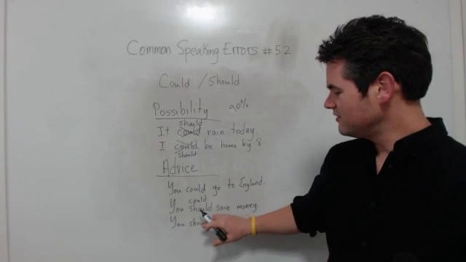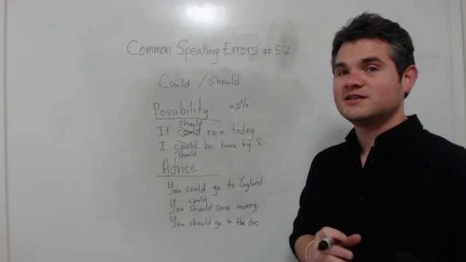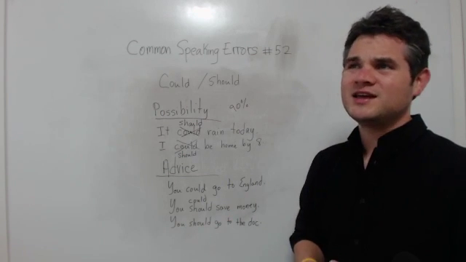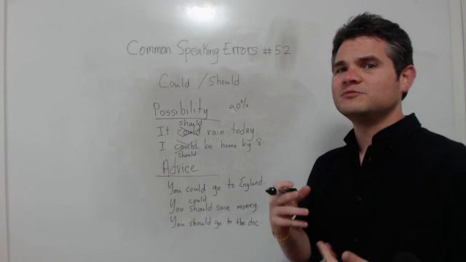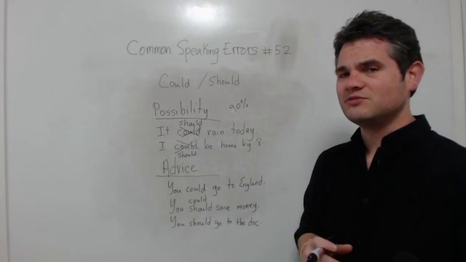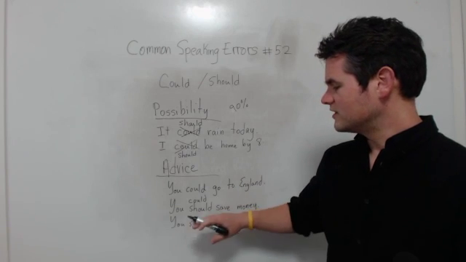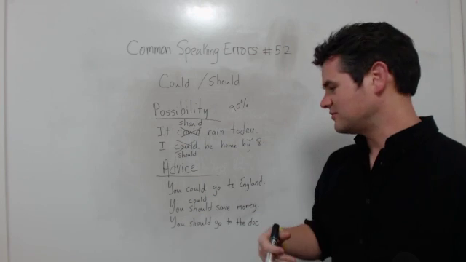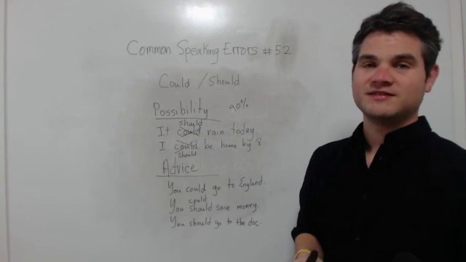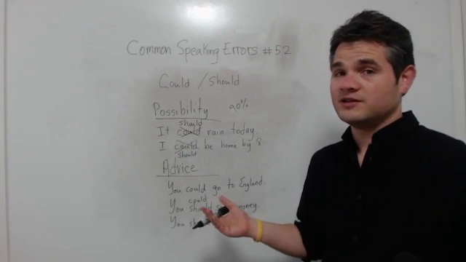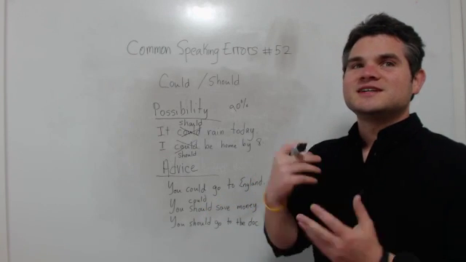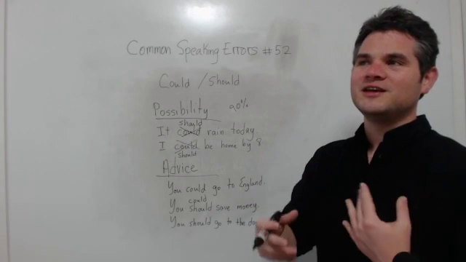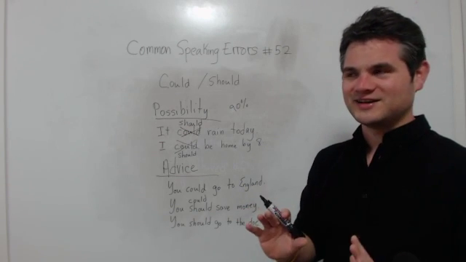So using could for advice that expresses an obligation to do something, it can come across as a little bit sarcastic at times. So you really have to be careful with using could for things like go to the doctor or save money. You could save money. You could go to the doctor.